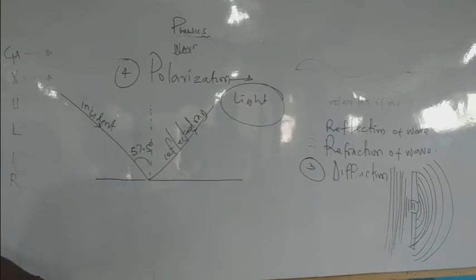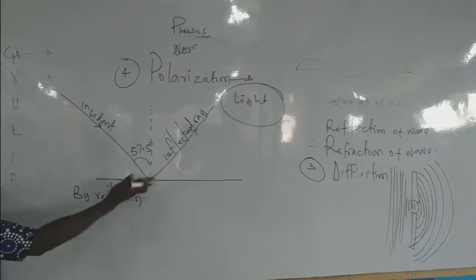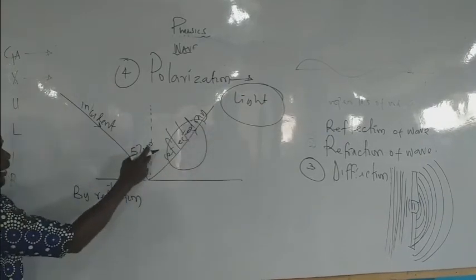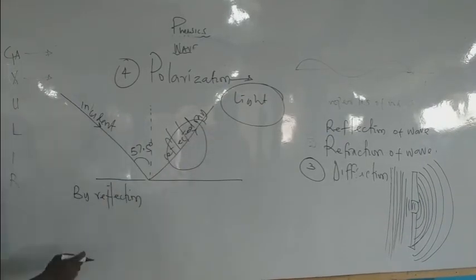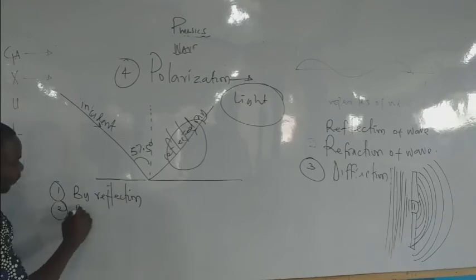So this is how to produce a polarized wave. Methods of polarizing light. Number one, by reflection, when the angle is exactly 57.5 degrees. So a polarized wave can be produced by what? By reflection. Number two, by refraction.